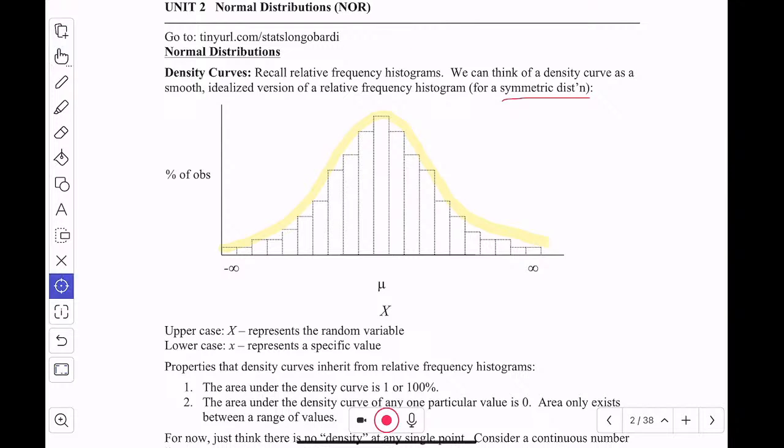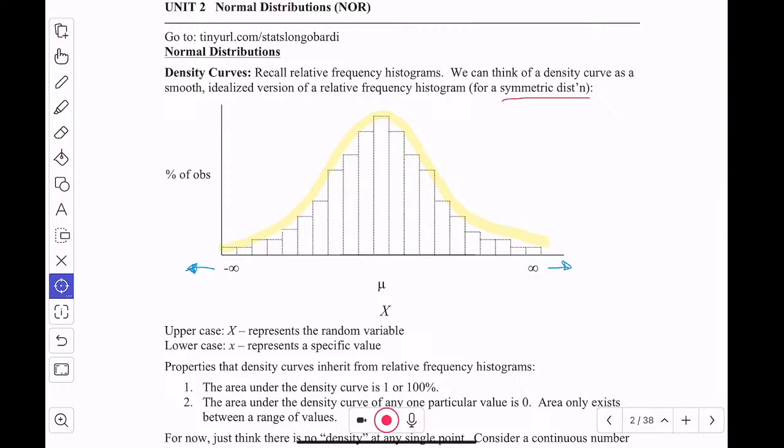And see, I have the percent observations here, and I have the continuous number line that can go from a low of negative infinity over there. This goes out. It's like a number line that goes from negative infinity to positive infinity.